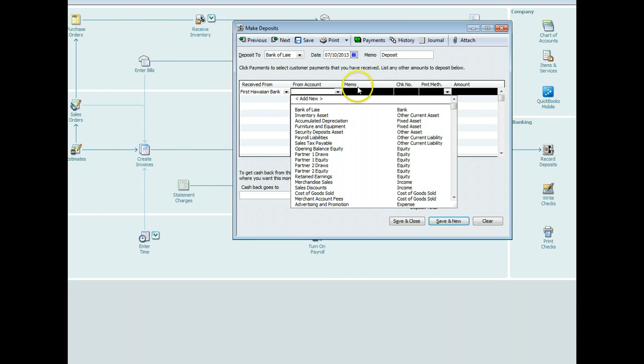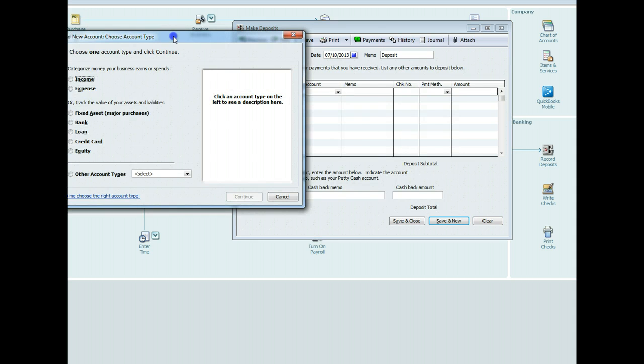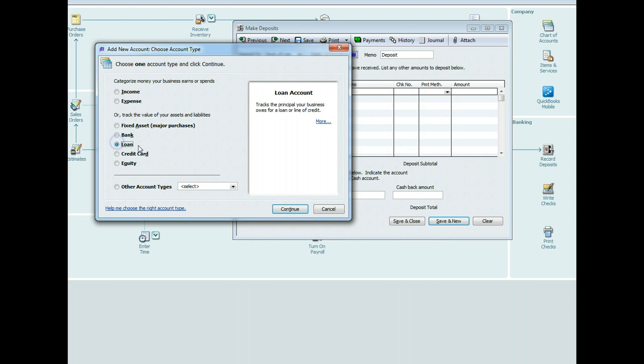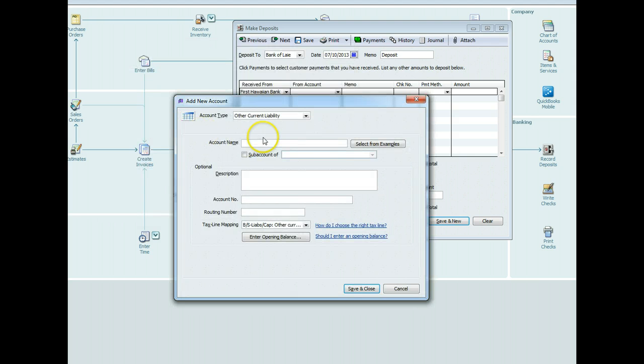And we're going to receive from, and this is going to be, where is it here? This is going to be a long-term liability. So I'm just going to say loan, continue. And this is a long-term liability.